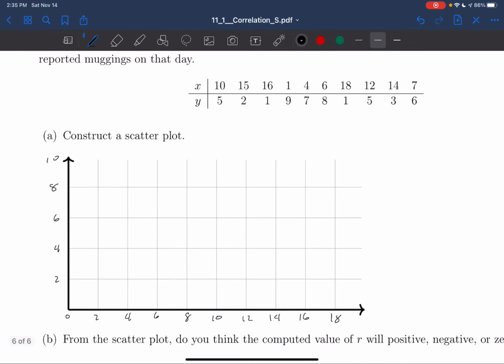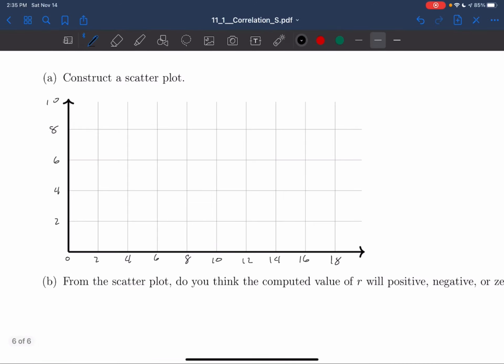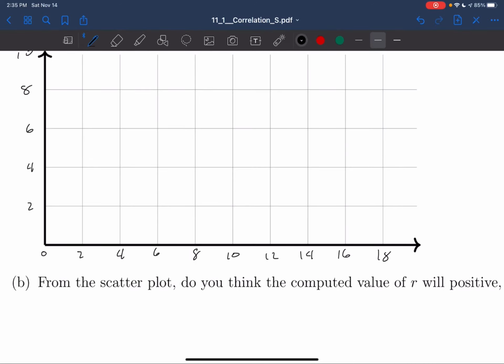Okay, so here we just plot each corresponding pair. So here it will be 10 and 5. So you go to 10 and 5, which is right here. And then you do the rest. You plot the rest of the points.